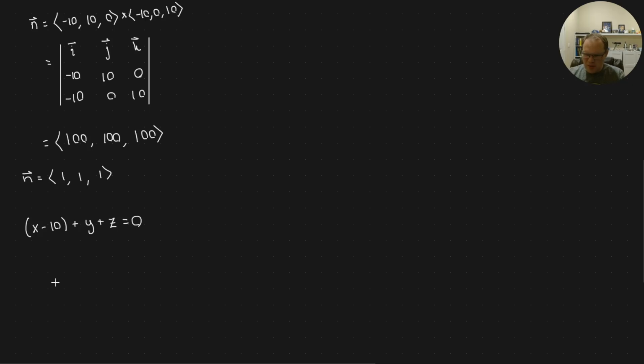To do that, I'm going to solve for z. If I subtract everything, I get -x minus y plus 10. So let's write it this way, 10 minus x minus y. And then I could parameterize the surface by taking r(u,v) equals, I'm going to set x equal to u, y equal to v, and then z would be 10 minus u minus v. Okay?